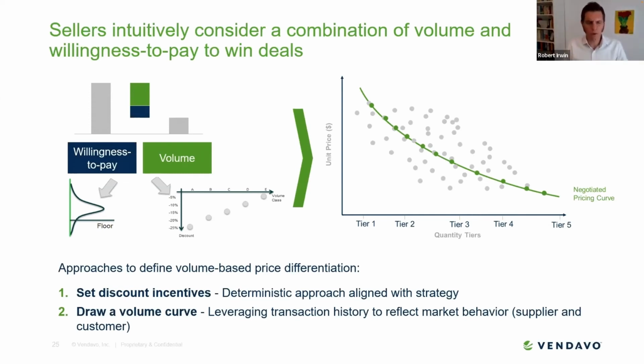So the volume curve determines, almost by policy, depending on the volume in the deal, that part of the discount, and then the segmentation model determines the willingness to pay part of the discount. So this separation takes place.